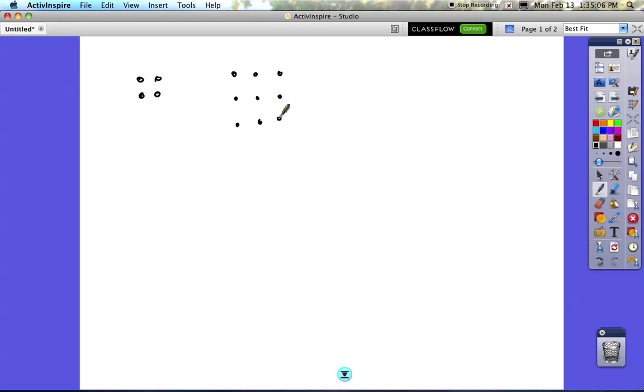So let's talk about the Pythagorean Theorem real quick. A squared plus B squared equals C squared. Now look at the little diagram off the top right there. How many little blocks make up your vertical piece? 3. But that is 3 squared, which is 9.